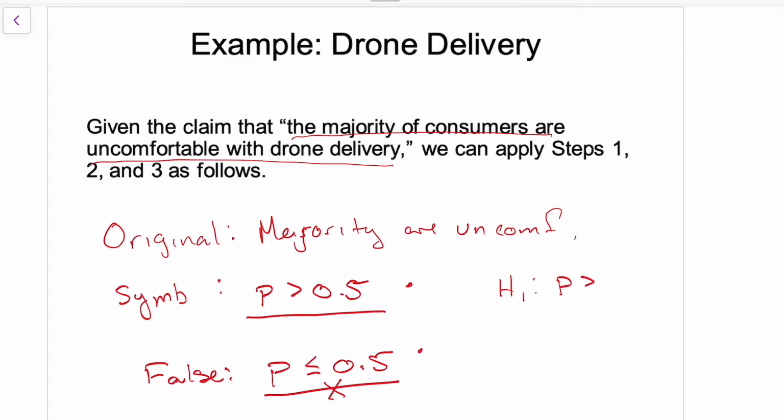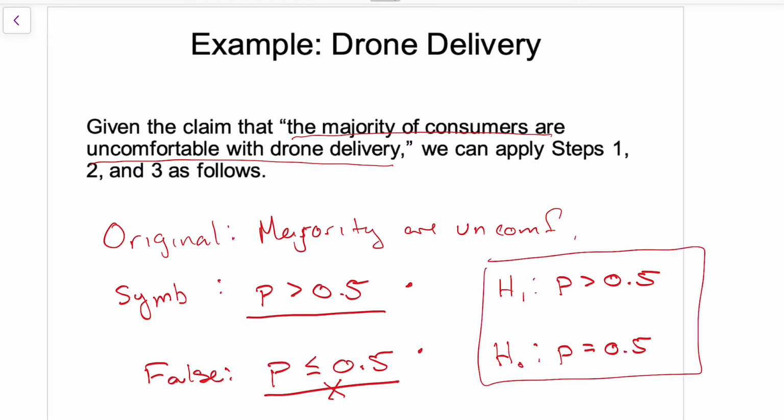My alternative hypothesis would be our original claim. The null hypothesis will always be our parameter being equal to our value. Here are our alternative hypothesis and our null hypothesis together.